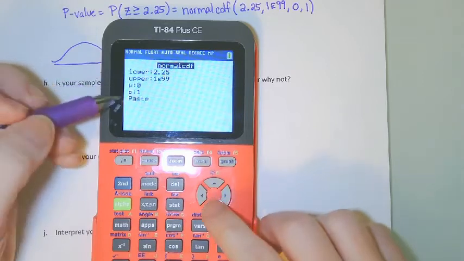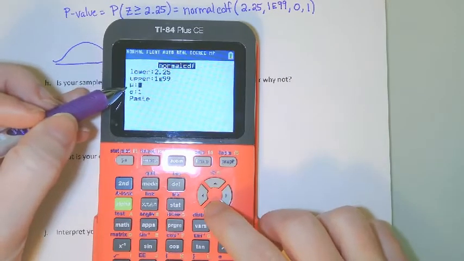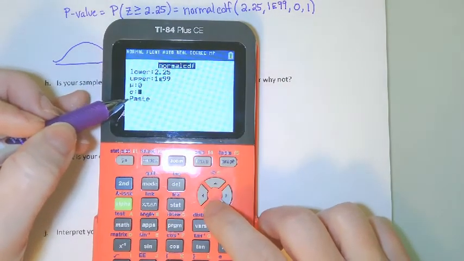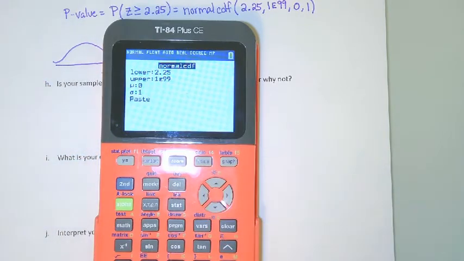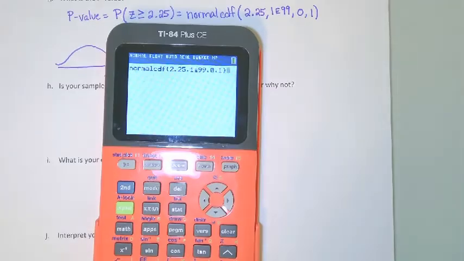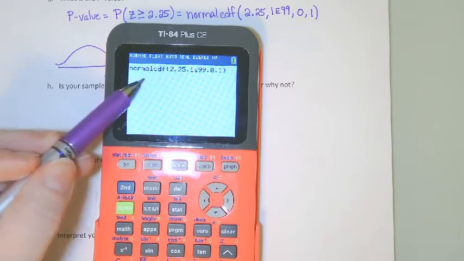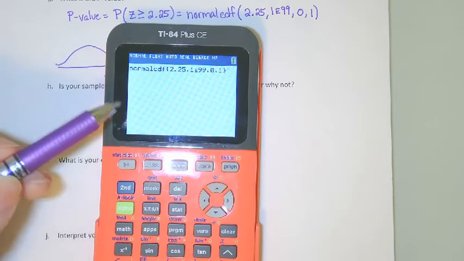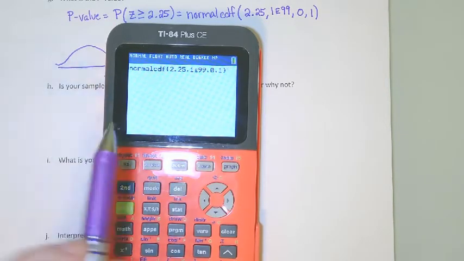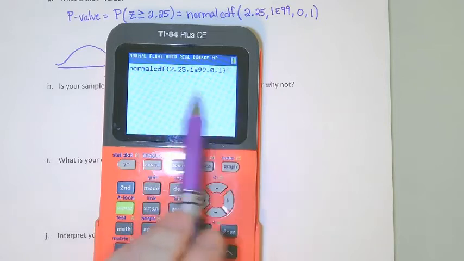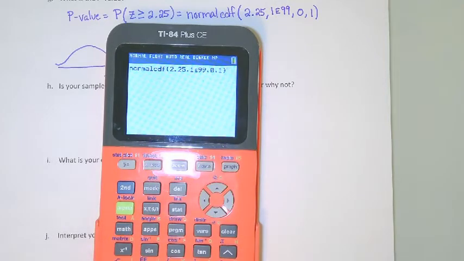I already have our mean of 0 and standard deviation of 1. I'll hit paste. If you have a different version of the calculator, this might be all you see. You might not have had that screen I just had; it might just have you enter those 4 numbers horizontally like this.